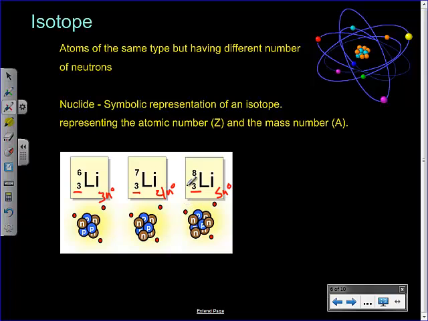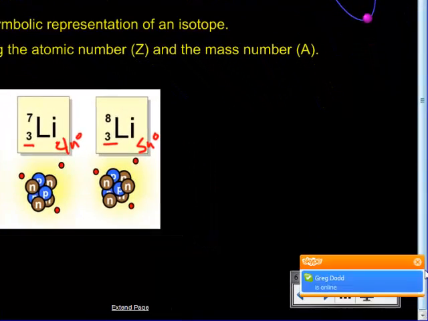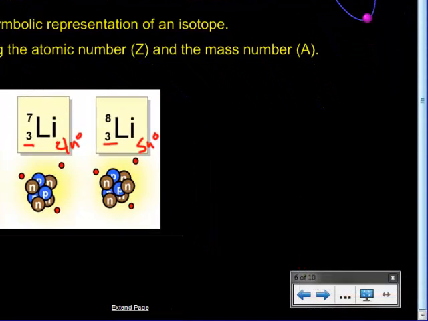When we start looking at these different isotopes, we write symbols to represent them called nuclides, and these are the nuclides appearing on your screen. It's a symbolic representation of the element, the atomic number, Z, and the mass number, which is symbolized up top.